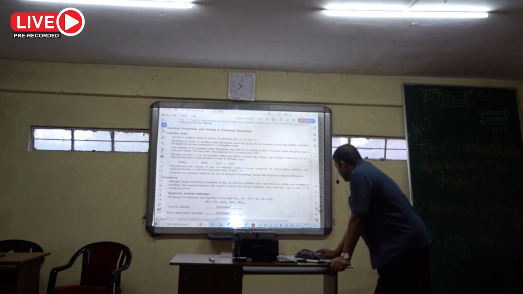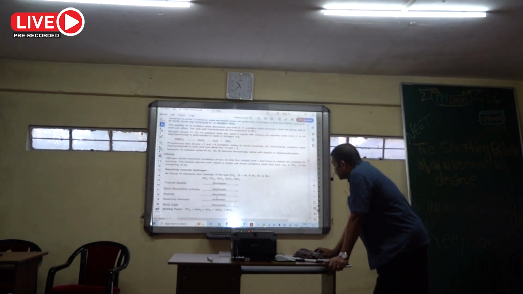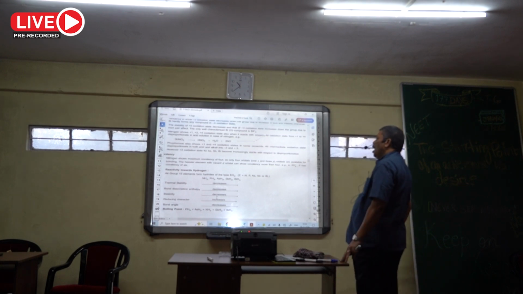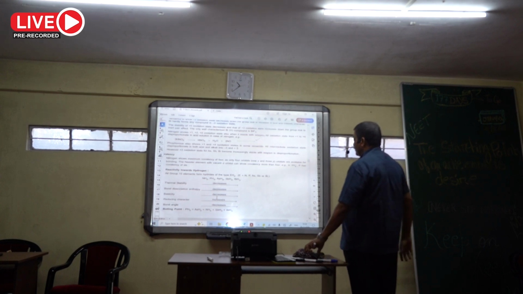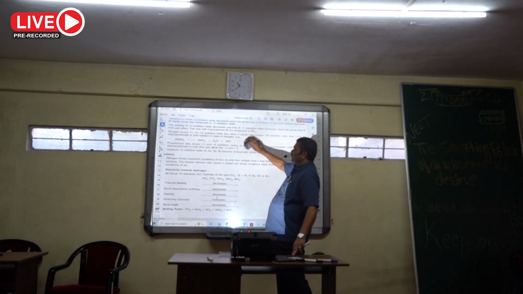Bismuth does not show +5 state due to inert pair effect. Bismuth does not show +5 oxidation state due to inert pair effect.